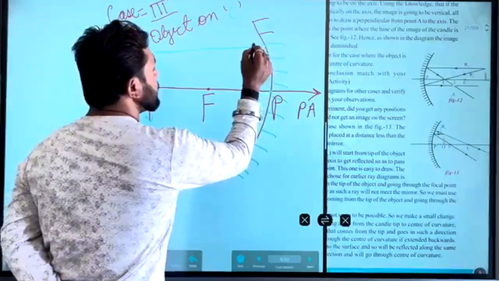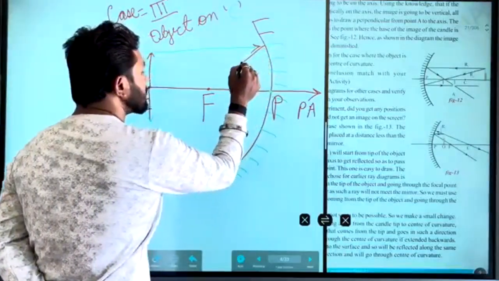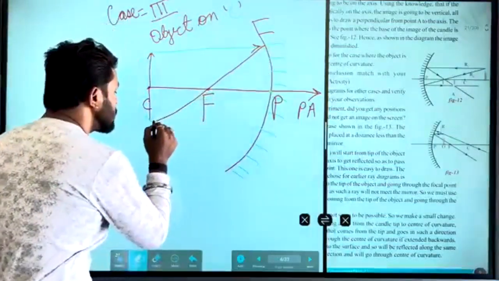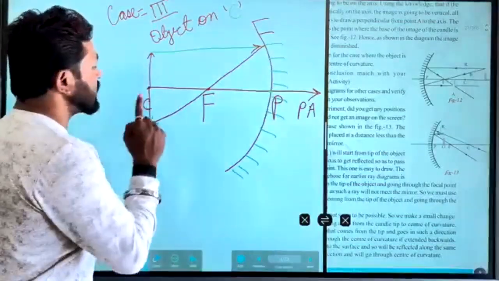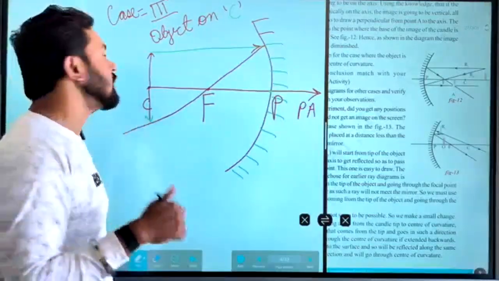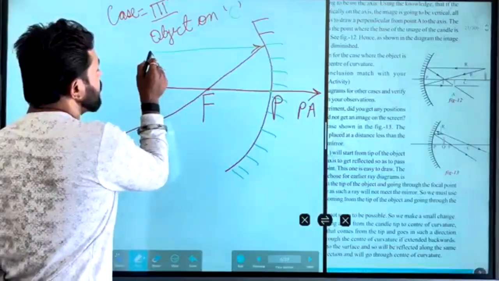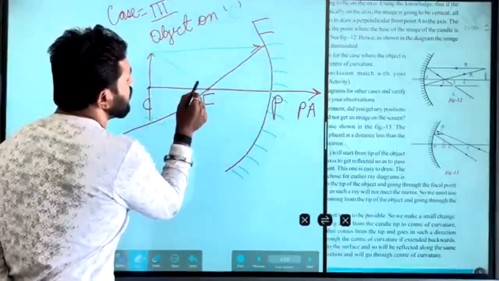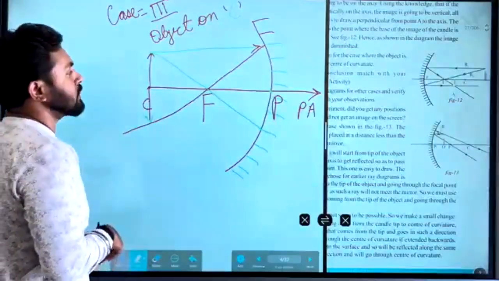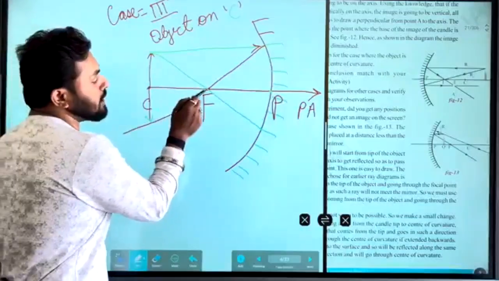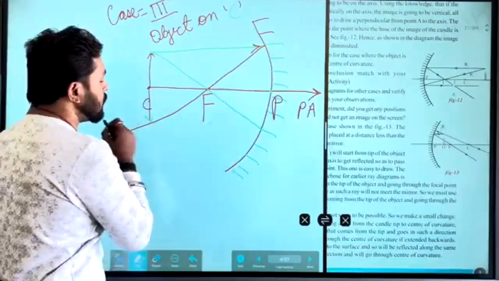This is the incident ray. After striking the mirror, it will pass through the focus and meet here. Now the second rule: if a ray of light comes from infinity, after passing the focus, it will be parallel to the principal axis.